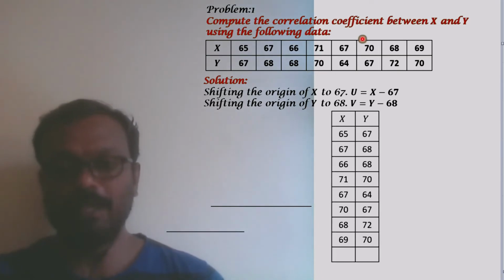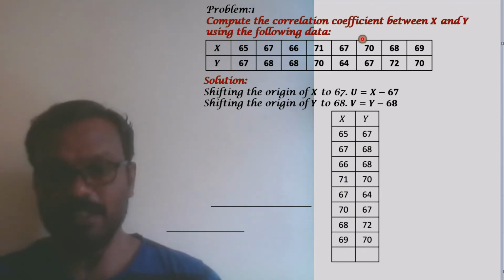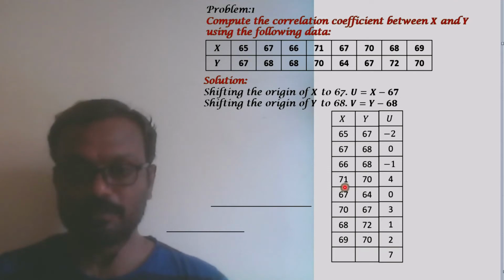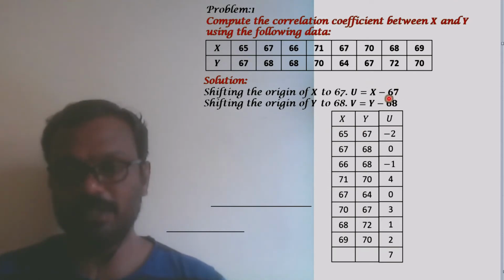So now I have tabulated vertically the values of x and y. Initially I compute the value of u, that is from each x value I subtract 67 to keep it simple. So 65 minus 67 is -2, 67 minus 67 is 0, 66 minus 67 is -1, 71 minus 67 is 4, and so on.